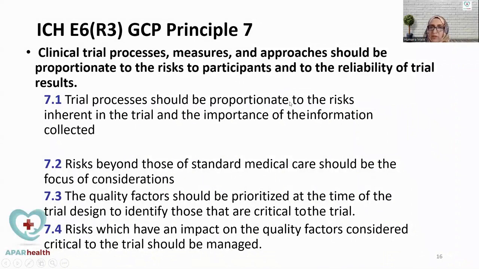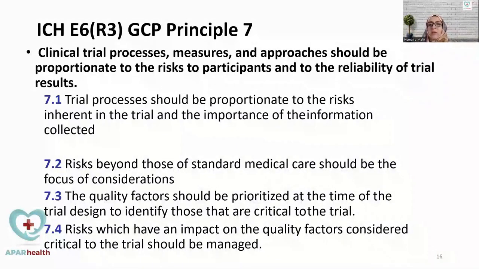So trial processes should be proportionate to the risk inherent in the trial. Risk beyond those of standard medical care should be the focus of consideration. So we generally know this drug which is used as the standard of care, what are the risks associated, what are the side effects associated with the drug. But the one which is an investigational product, we are not 100% sure about the kind of adverse events it may cause or harm it may cause.